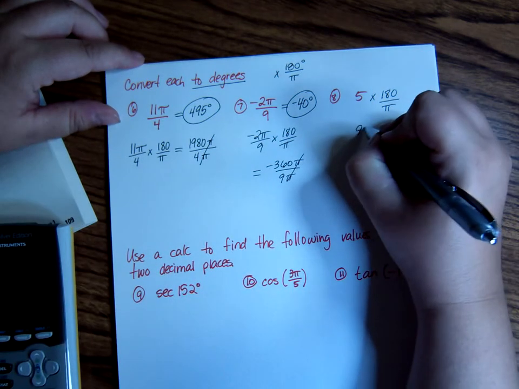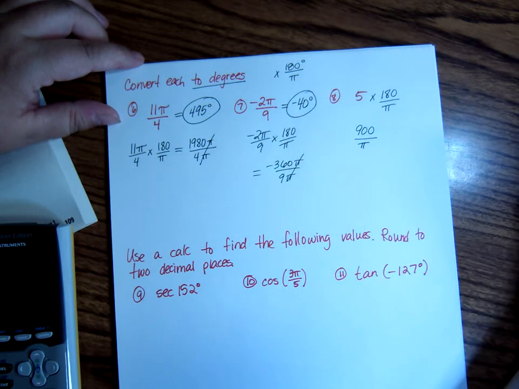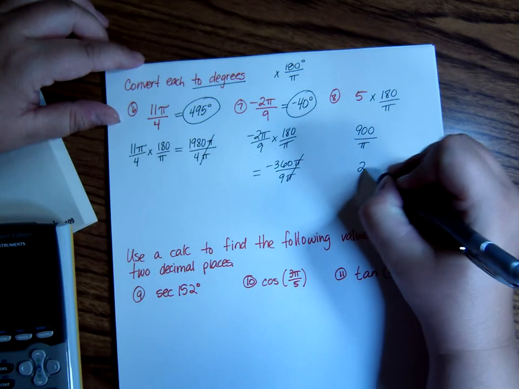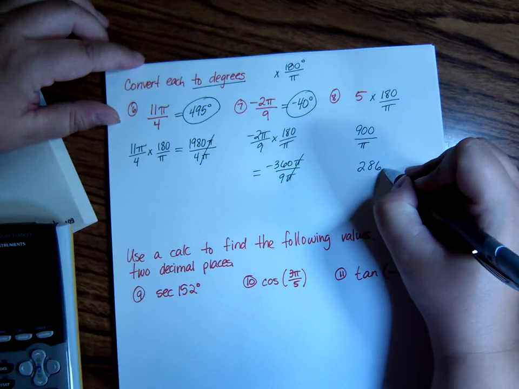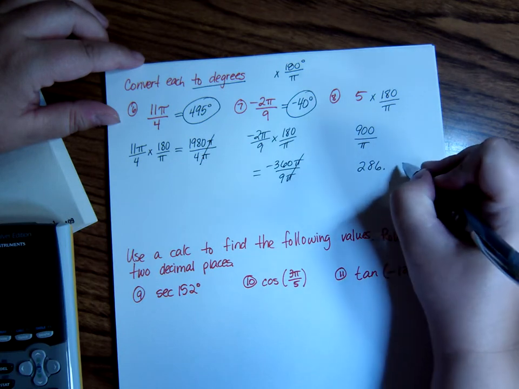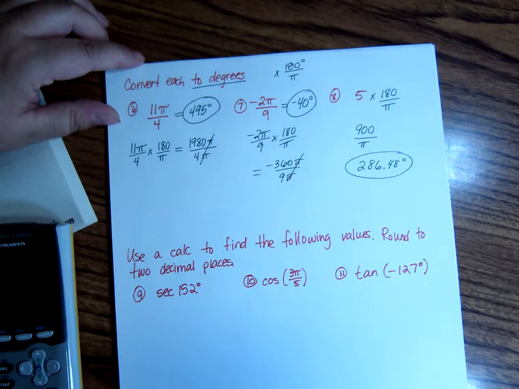That's 900 over pi. So 900 divided by pi is 286.478. So I would probably go 0.48 degrees. Okay.